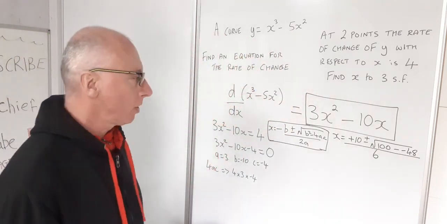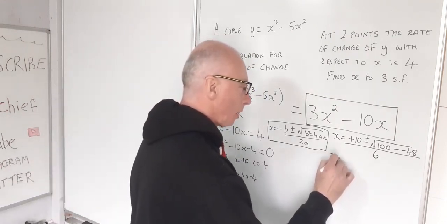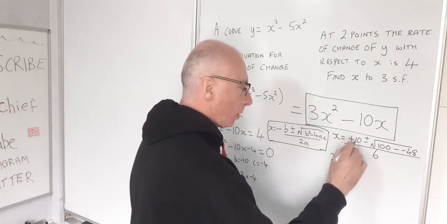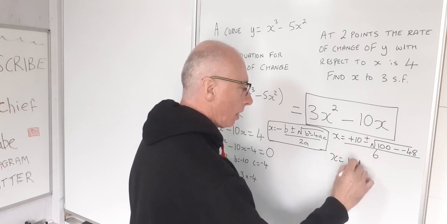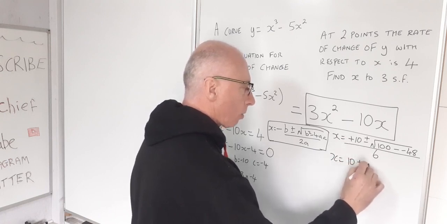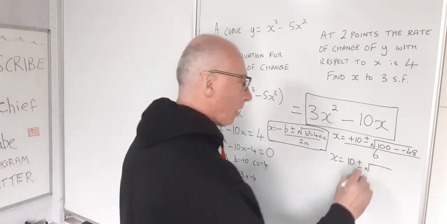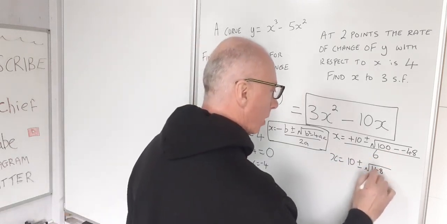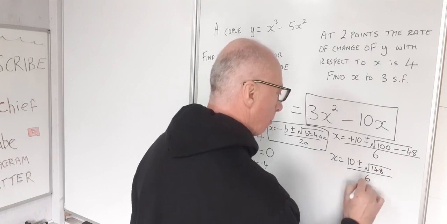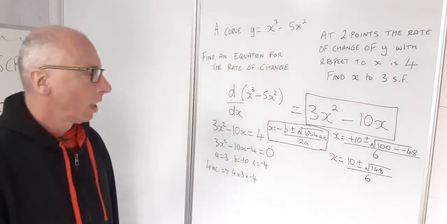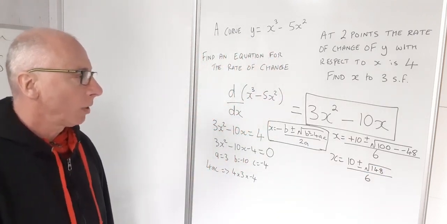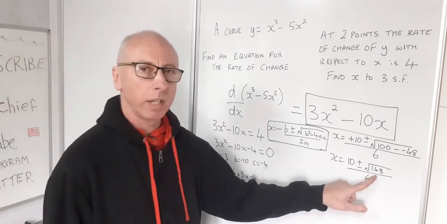Okay, right. Well, let's just simplify this a little bit, and then we can hopefully get to our answer. So 10 plus or minus square root of 100 minus 48, that's 148, and divide that by 6. Okay, now what can we do here? Can we break up this square root here?